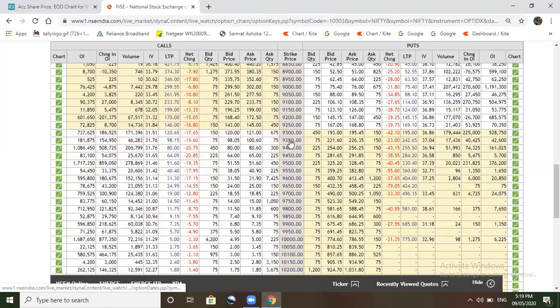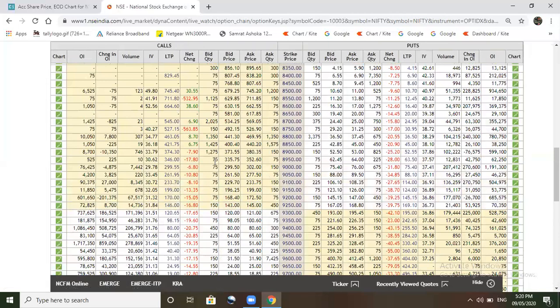All the options above 9,300 will be out of the money options for call. We are discussing calls first. So 9,350 is near OTM, 9,400 is also near OTM, and after that far OTM means they are away from the strike price that is close to the Nifty price today.